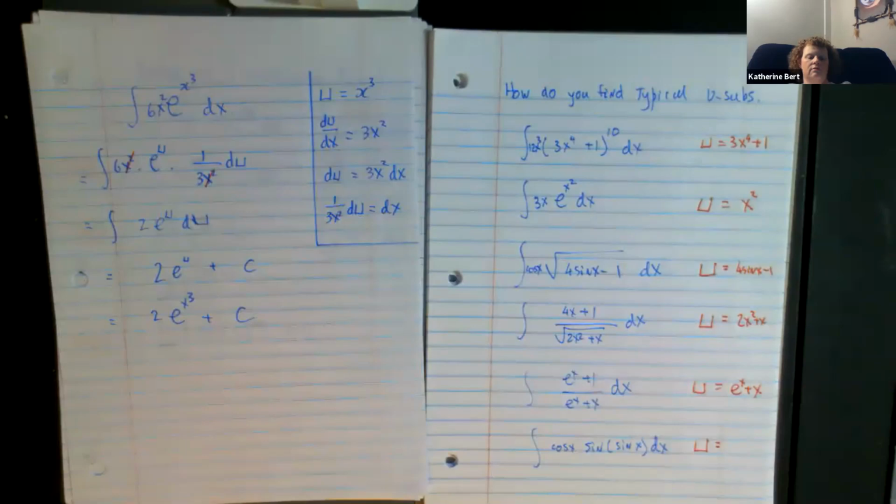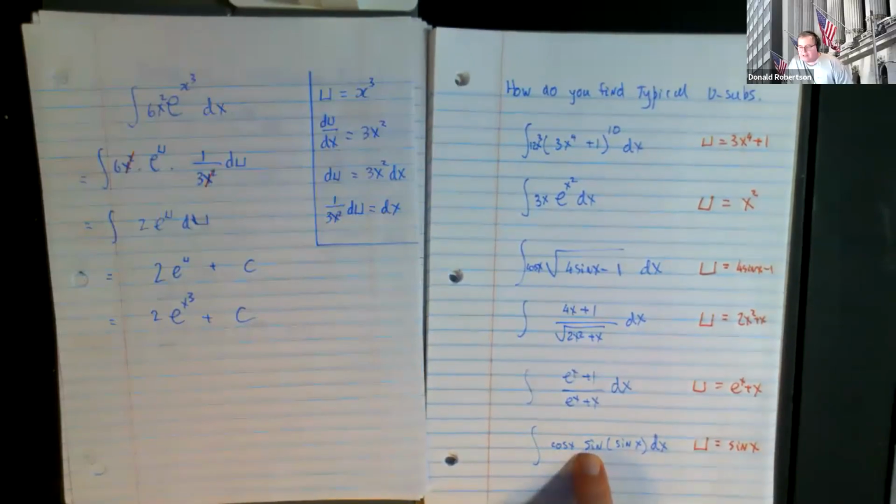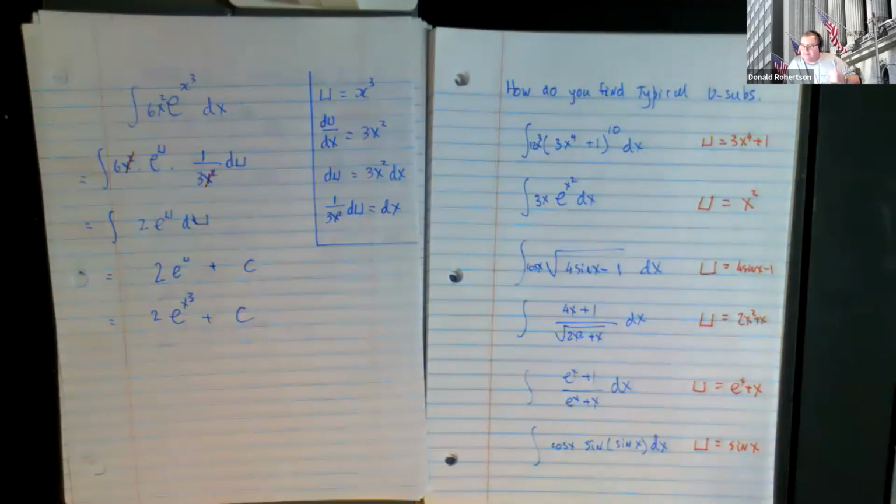Sine x. If you get e to the ugly guy, square root of ugly guy, sine of ugly guy, if it ain't an x, it's an ugly guy, right? If you get ugly guy to the power of 10, 5 over ugly guy, anything that falls into that category, the ugly guy ends up being typically your u sub.